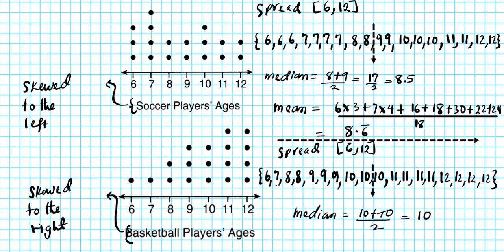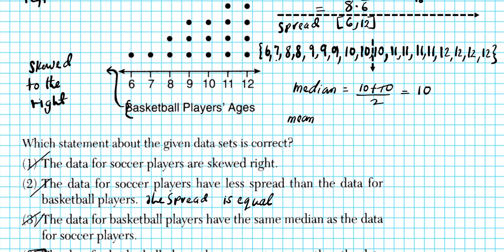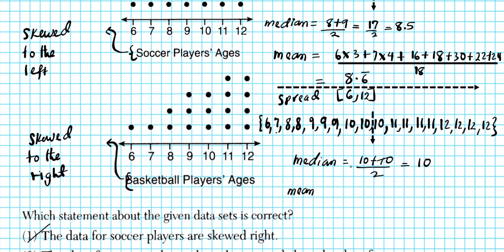Okay? Now, let's take a look at what the mean is so we can seal the deal and know if option 4, because based on elimination, we know that option 4 is the correct answer, right? But let's actually work out the whole problem.